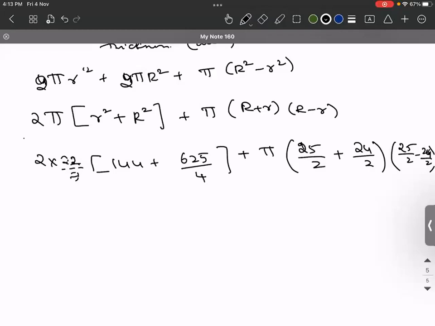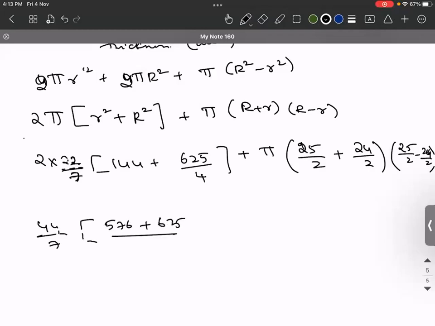So it is going to be 44 by 7 into 144 plus 625 by 4. Sorry, 144 into 4 is going to give us 576.